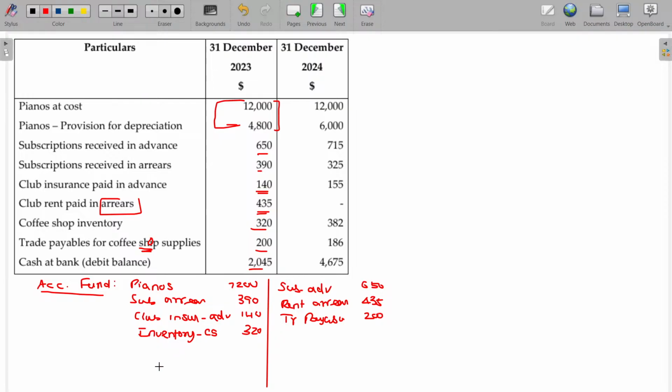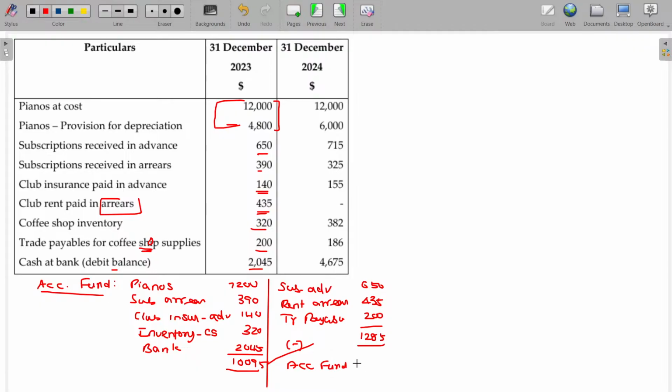And the cash and bank balance is an asset, being a debit balance. If it were a credit, it would be a liability, but it's a debit balance only, 2045. The total assets being 10,095, total liabilities being 1,285. If you subtract this from here, you will get the accumulated fund.